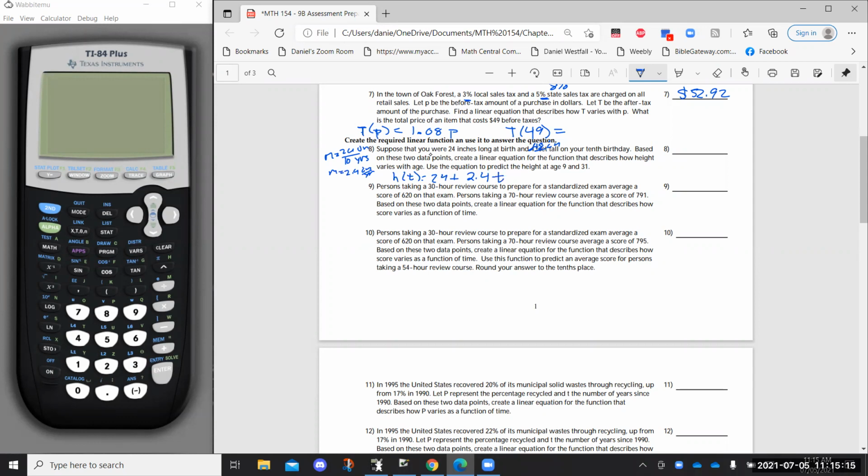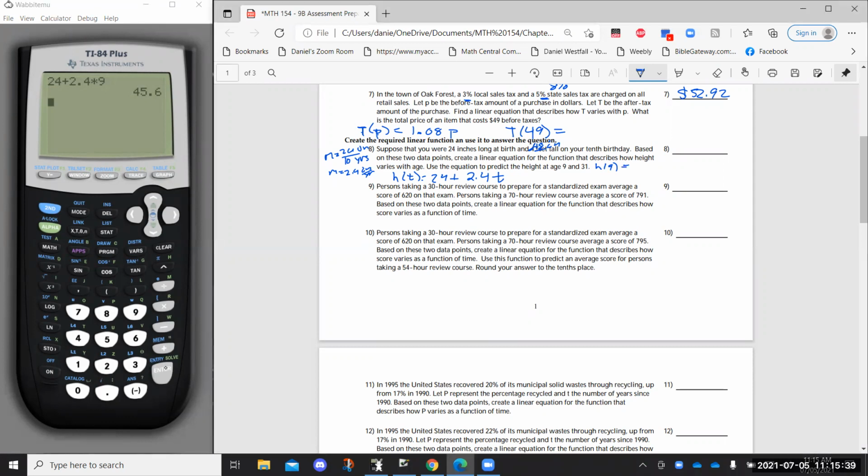So they say, what should your height be at age 9? So 24 plus 2.4 times 9 should be pretty close to age 10, right? That would be 48 there.